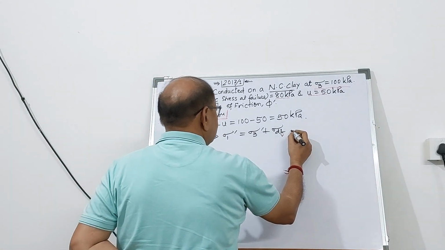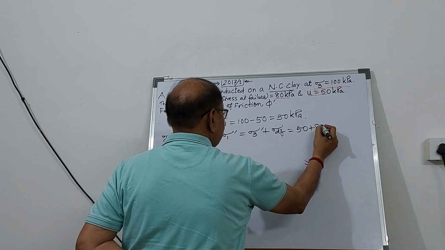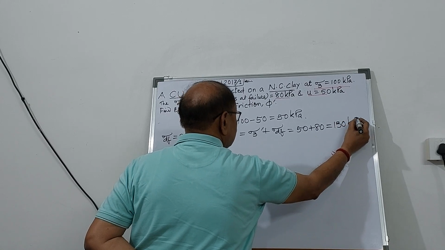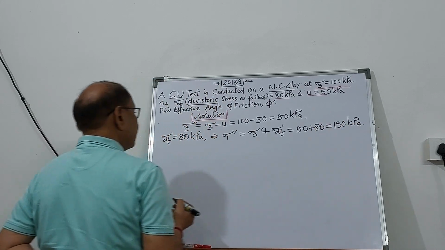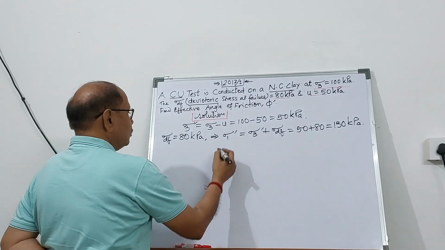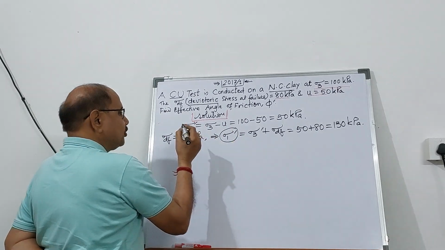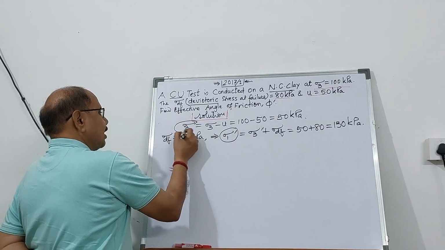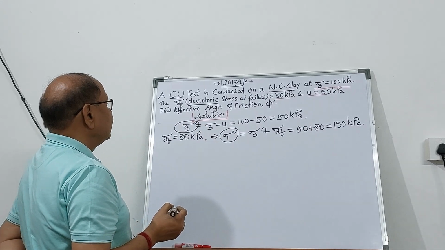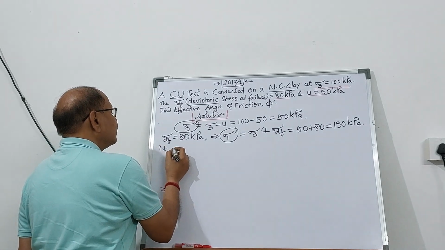So naturally, this is going to be 50 plus 80, that is 130 kilopascal. So I know by now sigma 1 prime, that is major principal stress, and sigma 3 prime, that is the minor principal stress. And the test is conducted on NC clay.